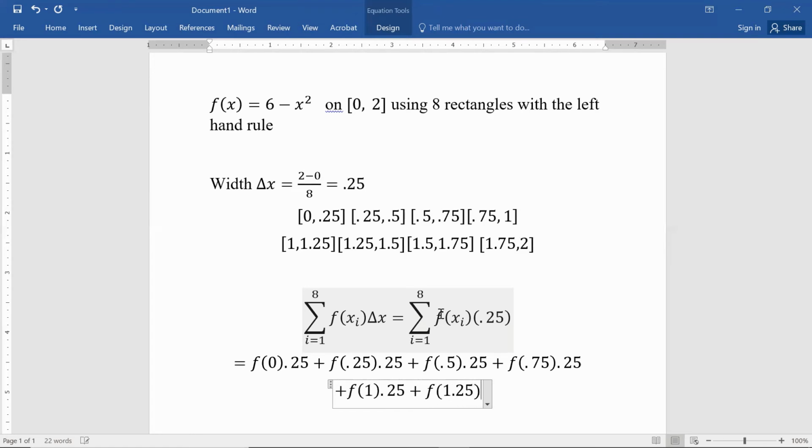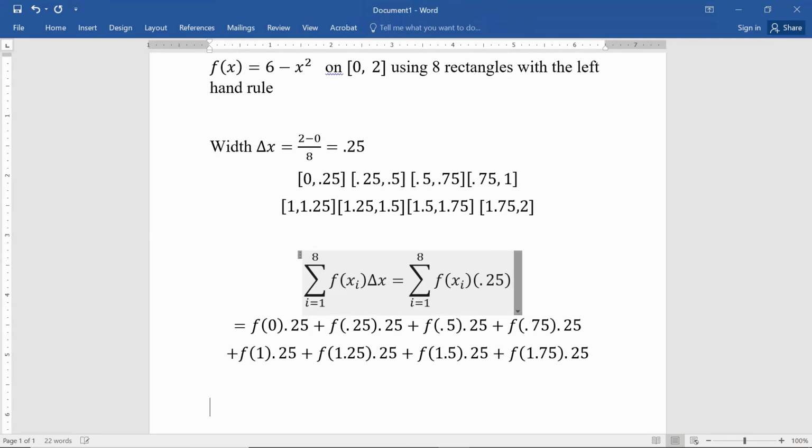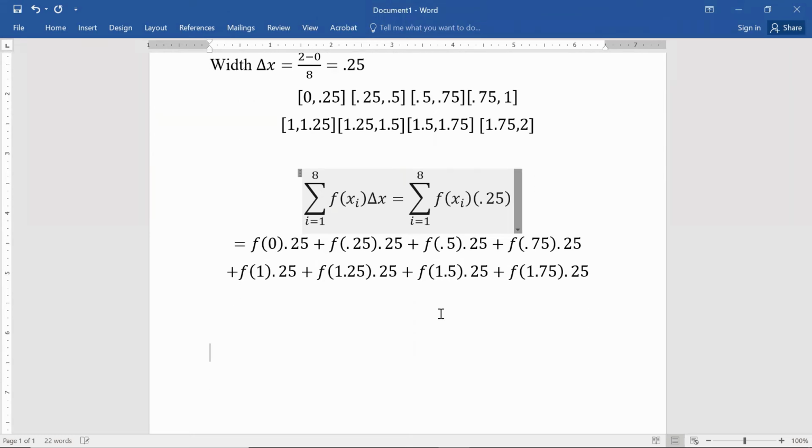One thing that we're going to be able to do, in order to simplify our expression here, is notice that each one of my functions is being multiplied by 0.25. In other words, each one of these function values is multiplied times 0.25.